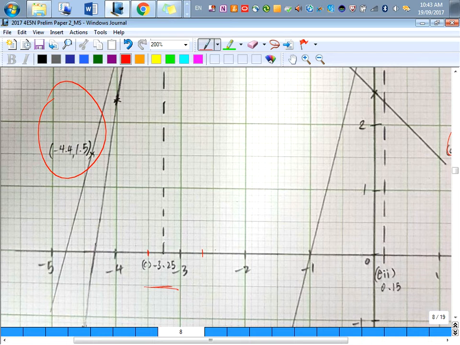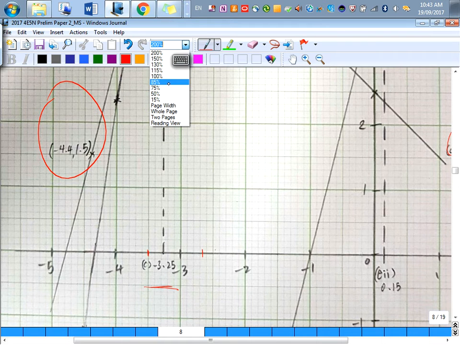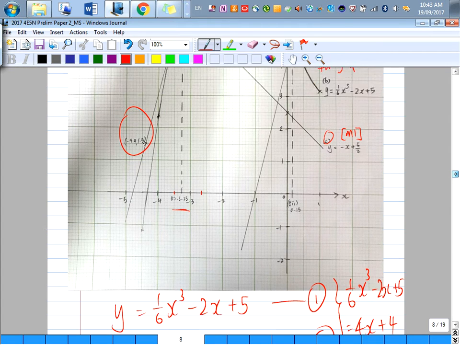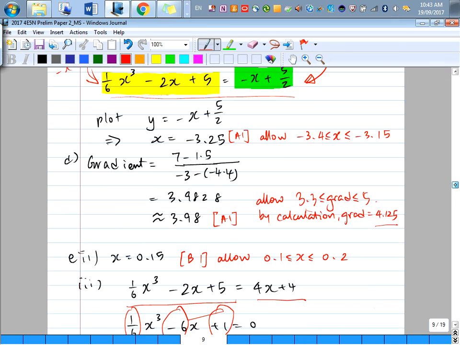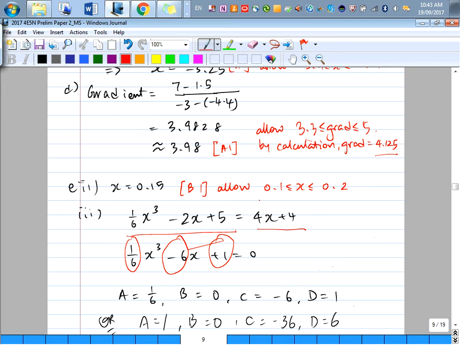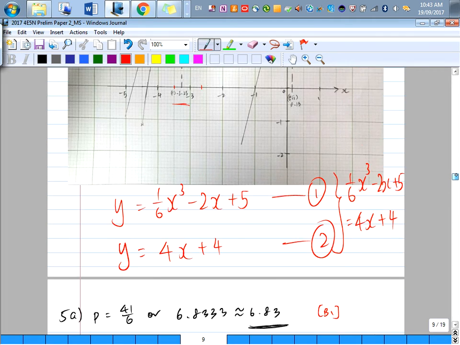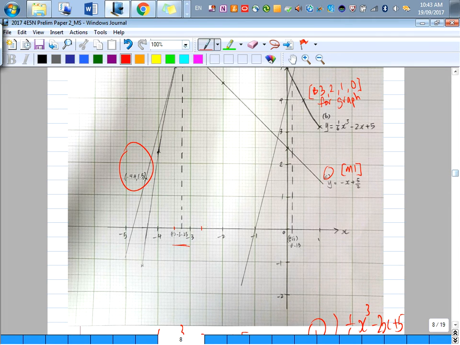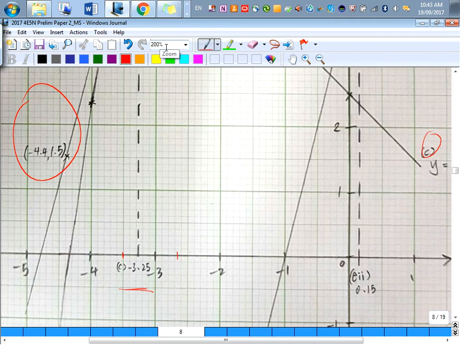Part 2 is the same logic. Although in part 2 I allow this 0.1 to 0.2, the issue comes when you read values that are not possible to be read.